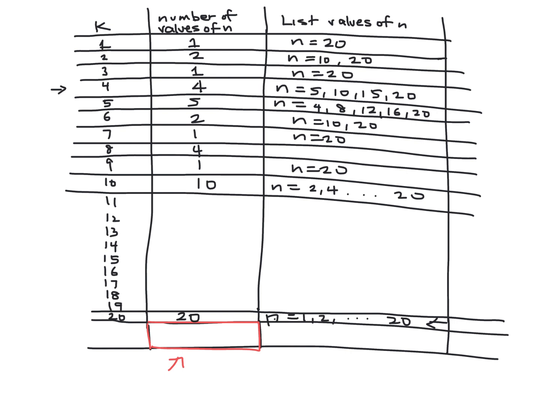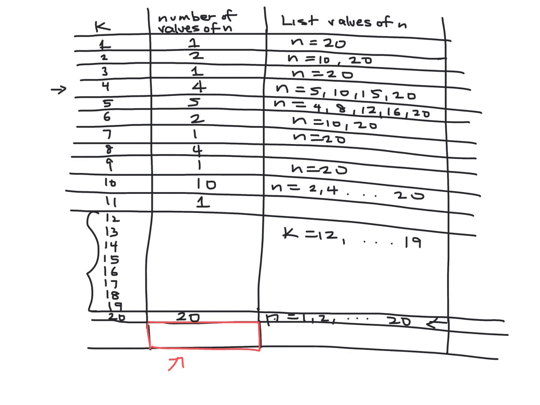And then for 11, there's only one scenario. And then for these guys, for k equals 12, 13, 14, 15, all the way till 19, it's the same as I had previously thought as k equals 8, 7, 6, 5, all the way to 1.